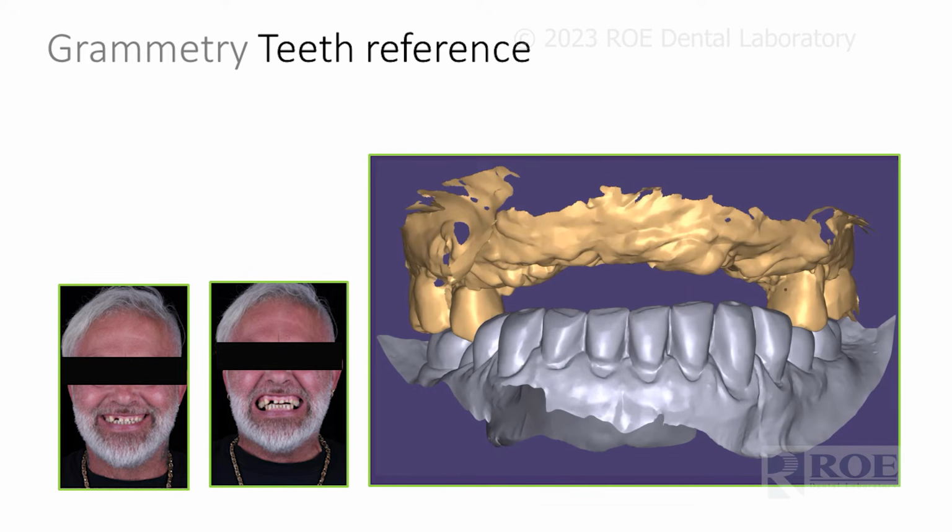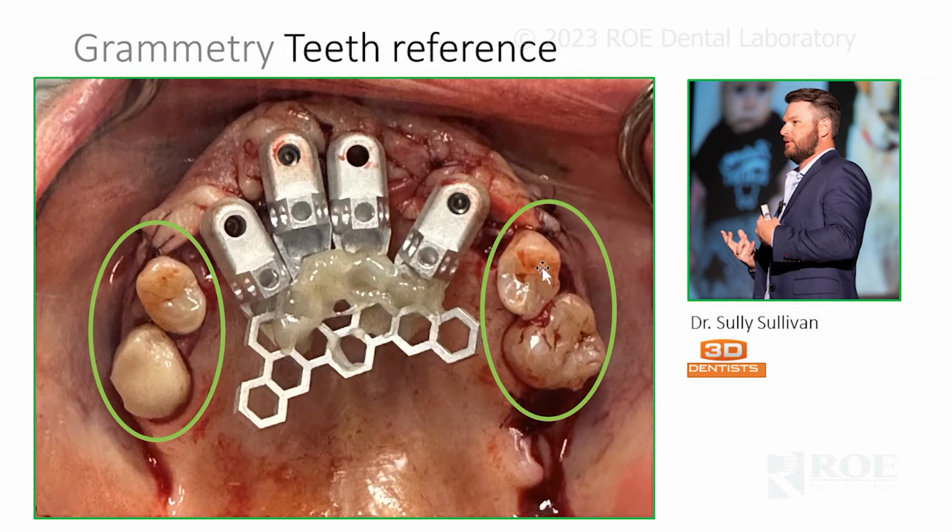This one's pretty popular too, because we know that if there are teeth in good occlusion before surgery and teeth in good occlusion after surgery, right, then we've got a good reference for the bite. So in this case, you would leave teeth. This is Dr. Sullivan, another one of our KOLs that's been working through photogrammetry and a lot of different things with us.